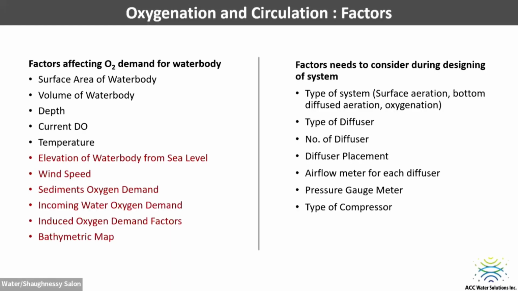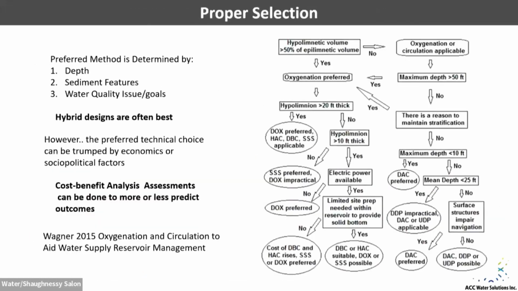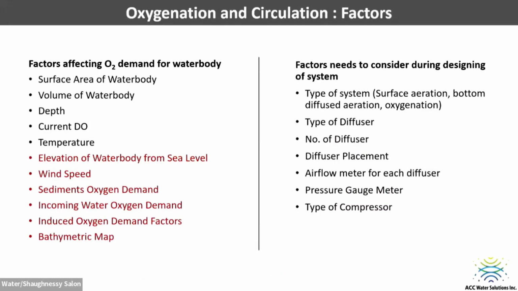Now let's see what factors need to be considered during the design of the system. Type of system: surface aeration, bottom diffused aeration, and oxygenation, as I told you earlier, by looking at the charts. Based on this chart, it depends. Sometimes bottom diffused aeration is not the answer for everybody. We need to analyze the site and water body and make the suggestion based on that.